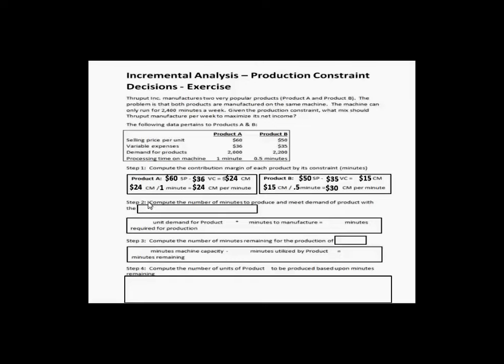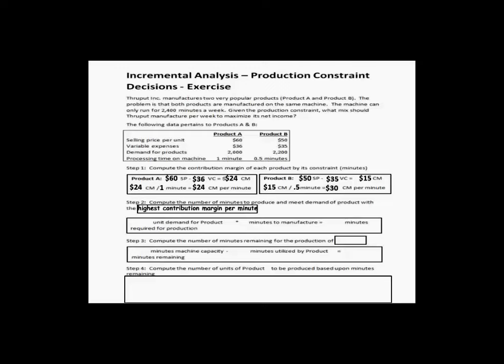So step 2 then says compute the number of minutes to produce and meet the demand of the product with the highest contribution margin per unit. And the highest contribution margin per unit is going to be the highest contribution margin per minute. And the highest contribution margin per minute is going to be product B at $30 a minute.